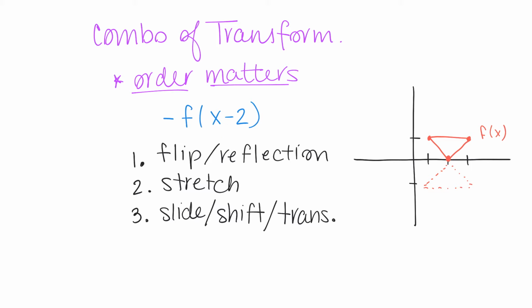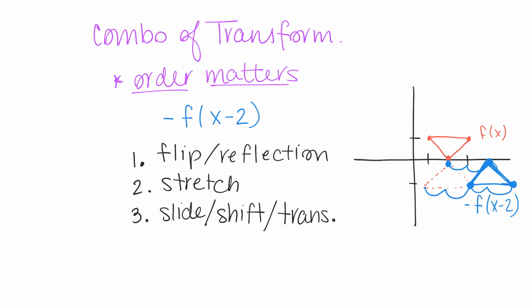So I'm going to take my triangle and move each point 2 over. My final triangle is going to end up having moved 2. So this is my negative f of x minus 2, my new triangle.